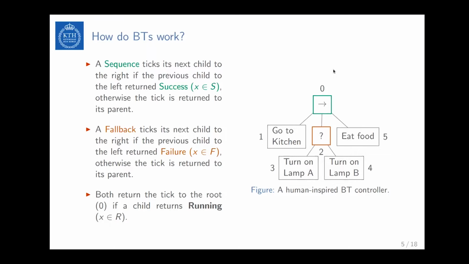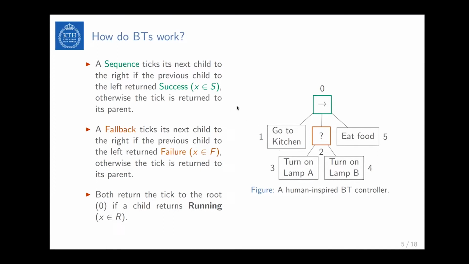In green, we have a sequence on the top. The sequence ticks its next right child if its previous left child was successful. So if go to kitchen was successful, then the sequence is going to tick the next action in the tree.